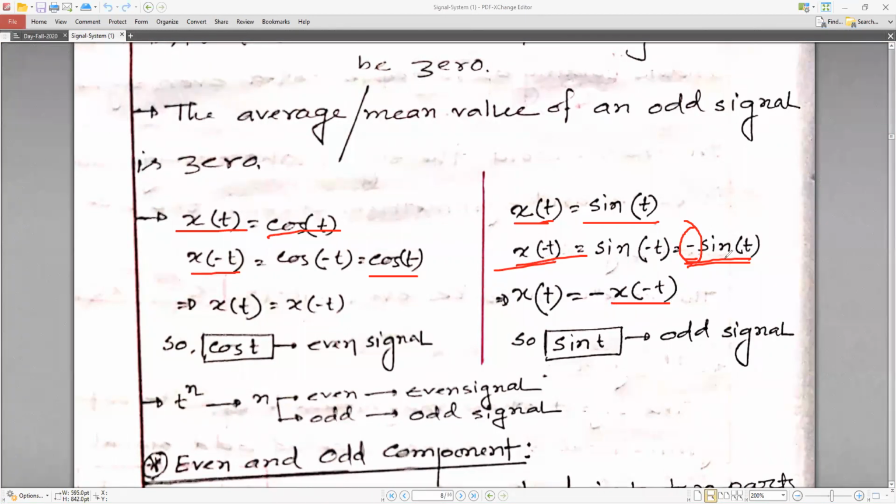Instead of x(minus t), you can write minus sin t, the minus symbol will come forward. Okay, that is the thing. So sin t is an odd signal. Even signal, odd signal, and even and odd signal, okay.